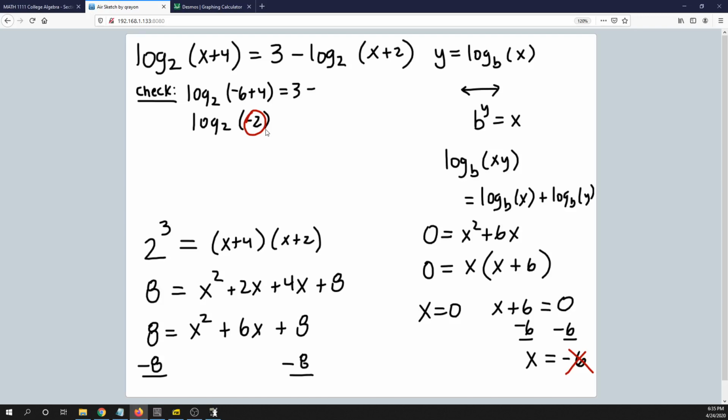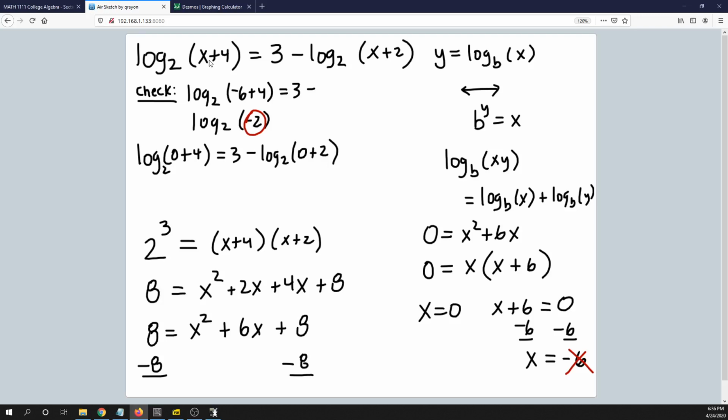Next up, we are going to check the 0 and plug it in and see what we get. So doing that, I'm going to take the 0 and plug it back into the original. So it's log base 2 of 0 plus 4 equals 3 minus log base 2 of 0 plus 2.